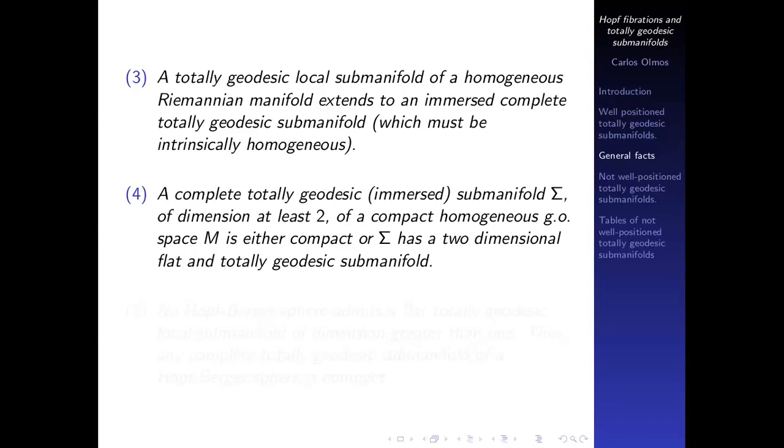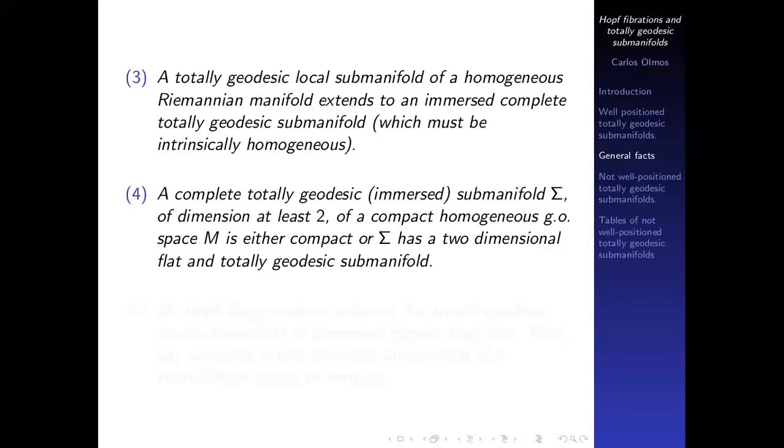But in general, what we prove is that in a compact homogeneous space, a totally geodesic submanifold is either compact, or compact as an immersed submanifold, which means that we have to go to a covering and then probably factorize after a compatible immersion.